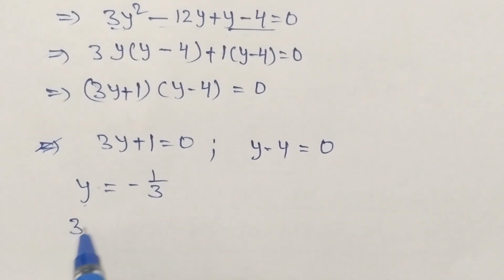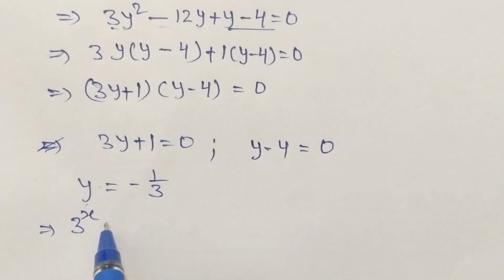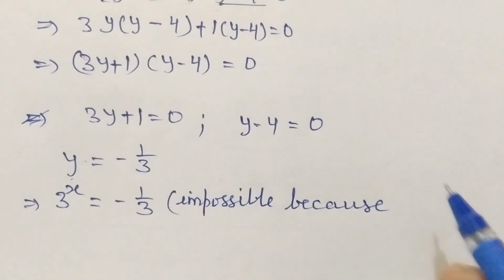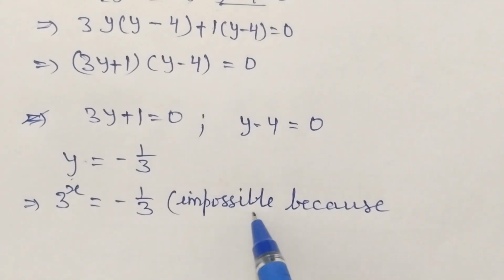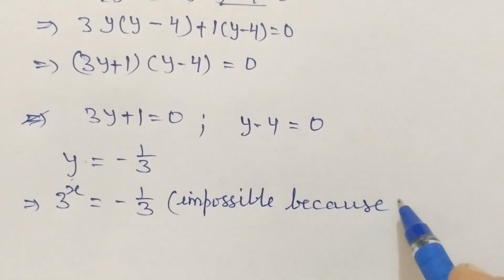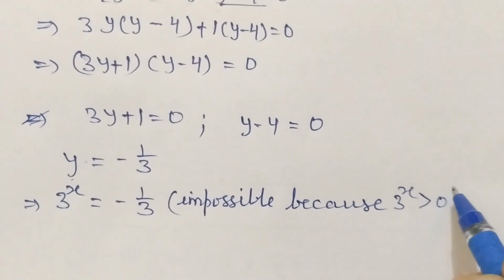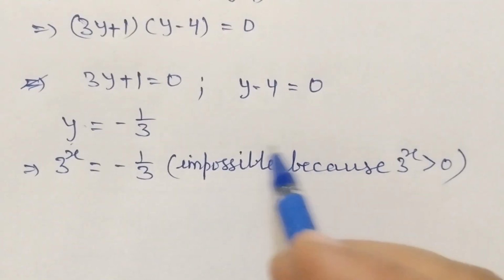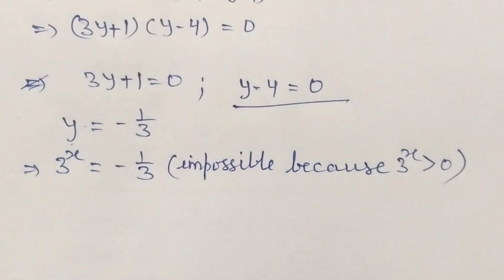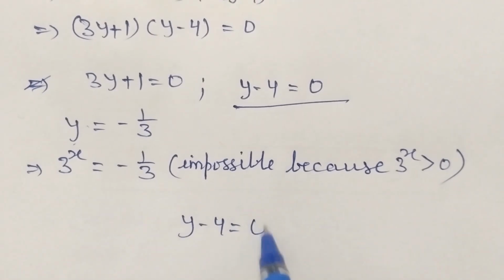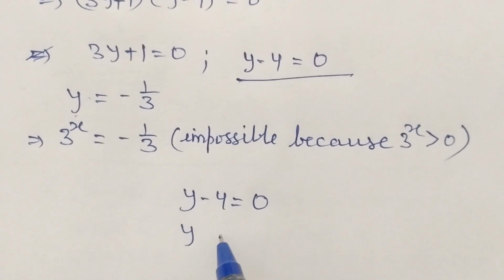Y, as we have assumed, is equal to 3 to the power x, which is equal to minus 1 by 3. This is impossible because 3 to the power x is greater than 0, right? Now we will go with y minus 4 is equal to 0. So y is equal to 4.